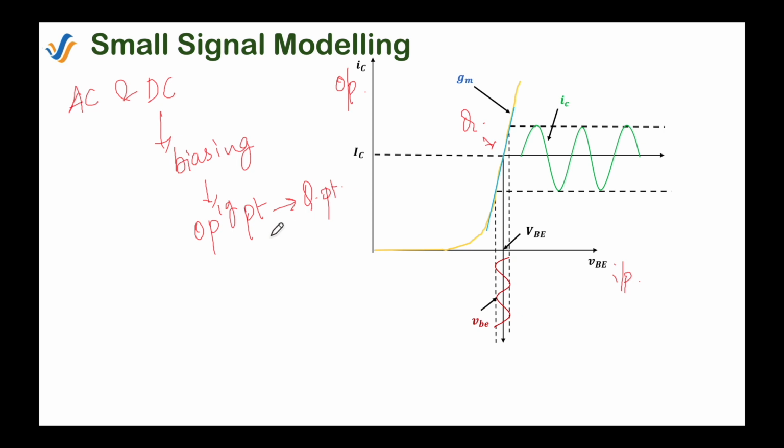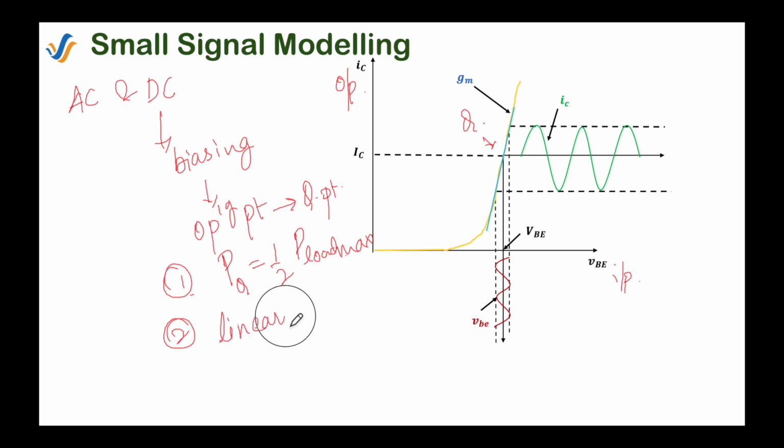The significance, the advantage of operating a circuit at the Q point, first is that the power at this point is half of the maximum power dissipated in the circuit. And the second advantage is that it is called Q point, quiescent, the noiseless, meaning distortionless. So this point provides the maximum linearity in the operation.